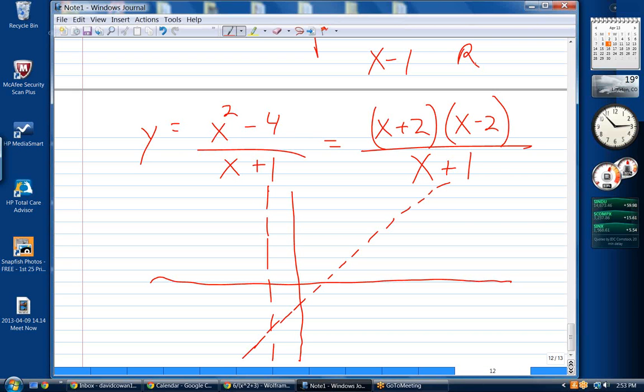Well, you can forget the remainder. This defines the oblique asymptote, and then just graph that as a line. If you were graphing y equals x minus 1, that's what this line right here is. And then the vertical asymptote is at minus 1.